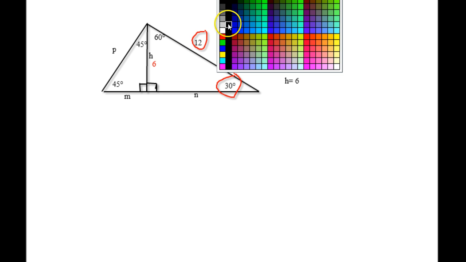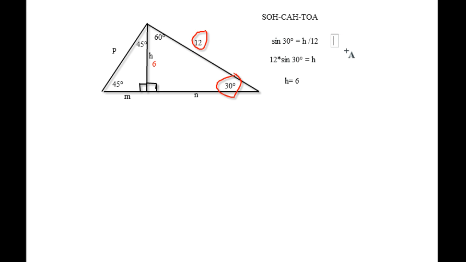Okay, let's go back to black. So now we're going to use cosine of 30 degrees is equal to n divided by 12. And then it just turns into 12 times cosine of 30 degrees equals n.